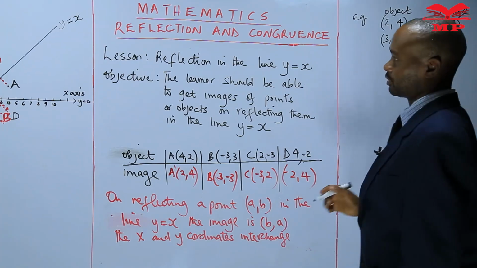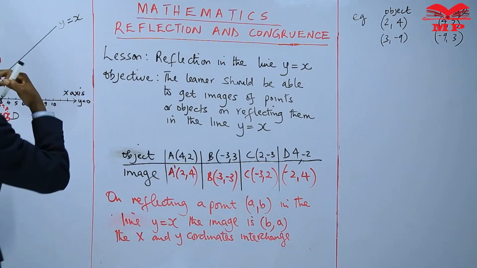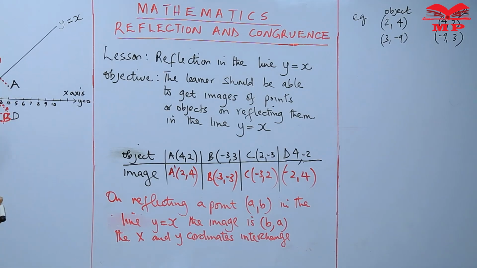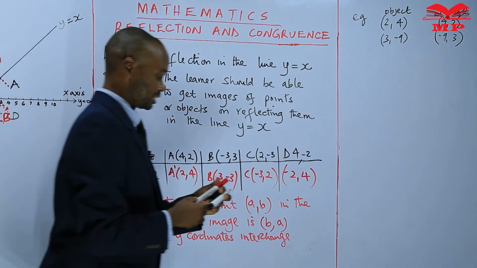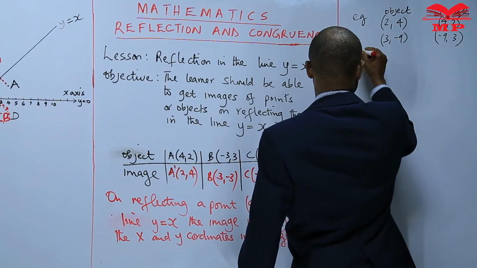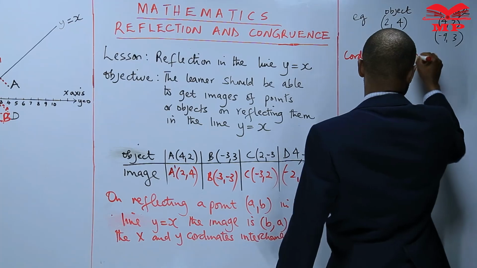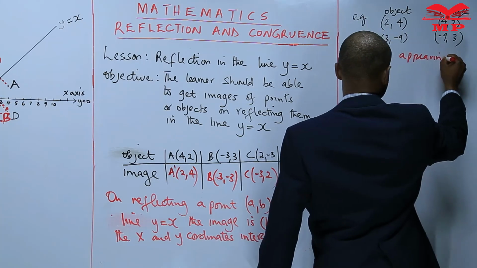That's what actually happens. But notice that some coordinates appear on that reflecting line and would remain the same.